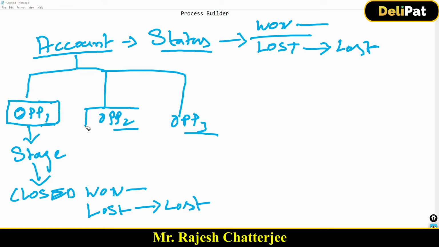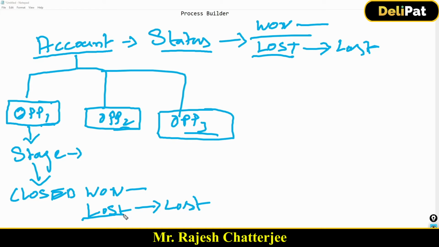Not just one opportunity, all the opportunities. So whenever account status is won, even if there are hundreds of opportunities, every single opportunity stage will also be won. Whenever you change the status to lost, again, if there are 100 opportunities, every single opportunity stage would be lost. Alright, so this is the requirement.